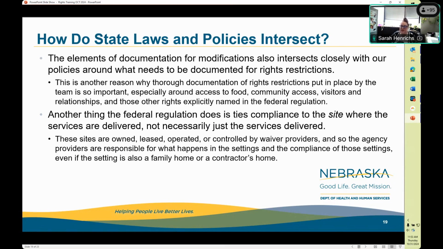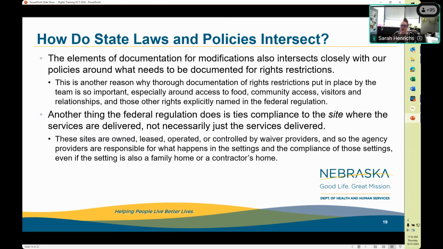And that's something that can be hard for some people to think about, because they're like, well, of course I can shut off my internet router at 9 p.m. This is my house. Yes, it is your house, but because you're choosing to have a participant living there with you and to get paid Medicaid dollars to provide this home and community-based service, your setting isn't just your private home.